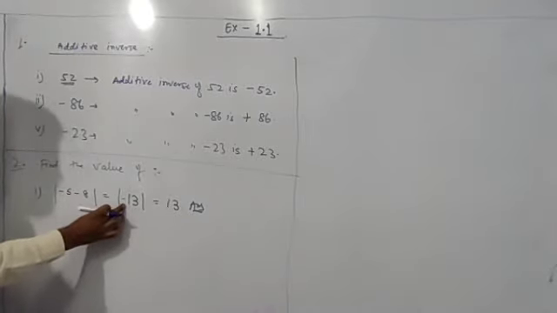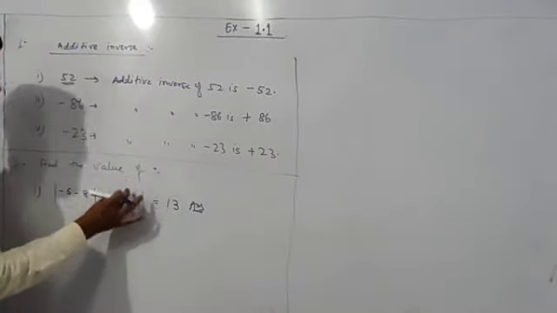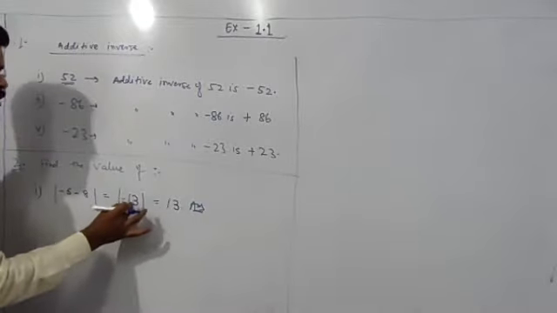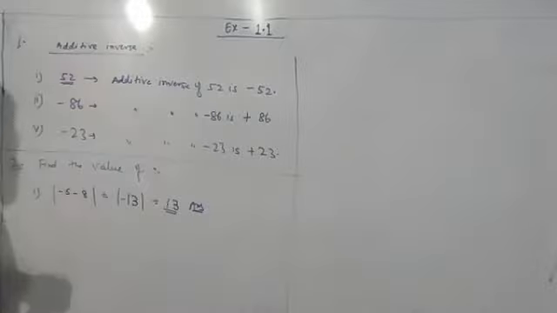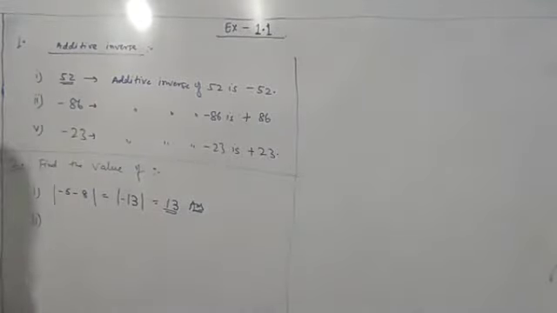So it is minus 13, and it is within the box. When any value in the box comes out of the mod, it is always positive. Okay, the next question.